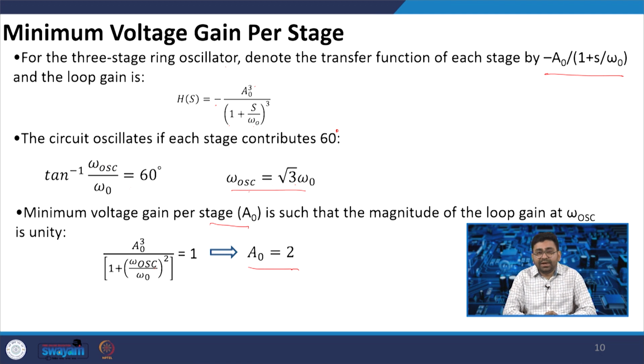So, each stage should have this much gain, and your oscillation frequency is equal to root 3 into omega naught. So, this is how you can design the ring oscillator. This is a widely used and simple architecture to design an oscillator.